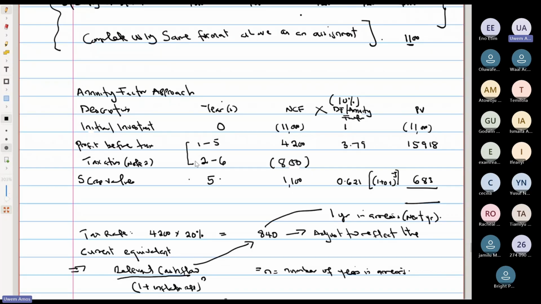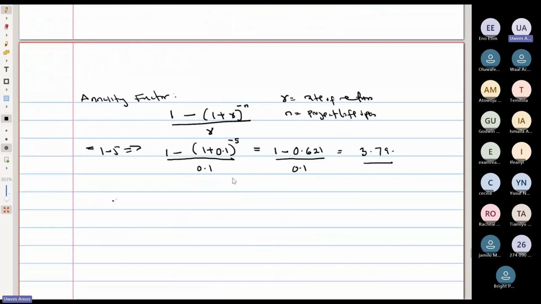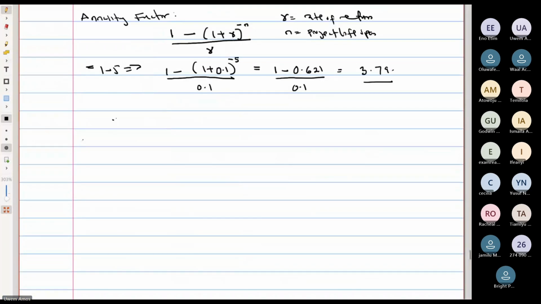So let's do that quickly. So the annuity factor for year 2 to 6. So first, 1 to 6, which is the entire period from the beginning to the end.